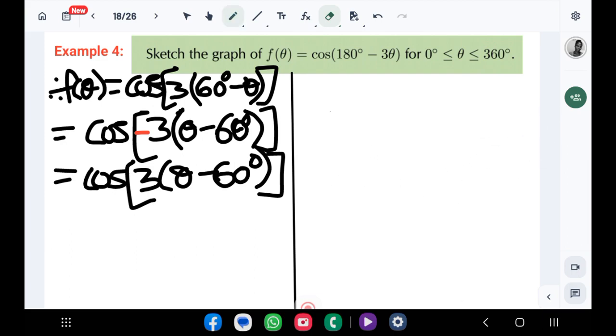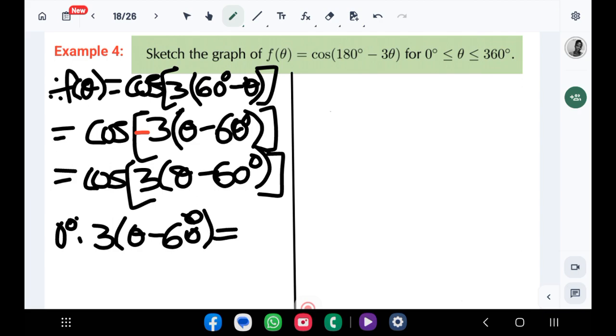Now let's figure out where this one starts and where the milestones are. Let's look at the milestone at 0 degrees. Where does this one start? Let's take 3 theta minus 60 degrees and mesh that with 0 degrees.